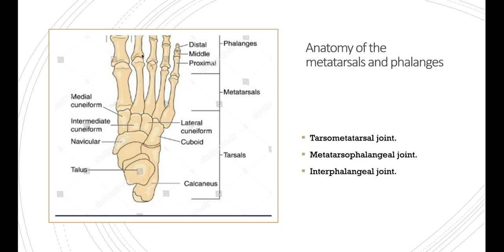And each digit will have a proximal, middle, and distal phalanx, apart from the first digit, which only has a proximal and distal, and therefore it only has one interphalangeal joint between the proximal and distal phalanx, whereas each other digit has 2 interphalangeal joints, one between the proximal and middle phalanx, and one between the middle and distal phalanx.